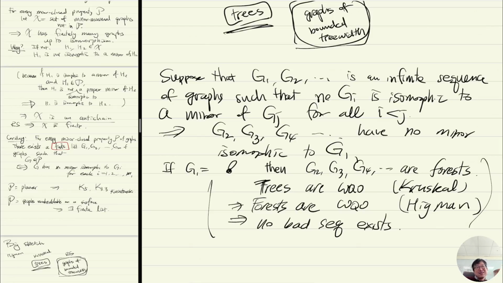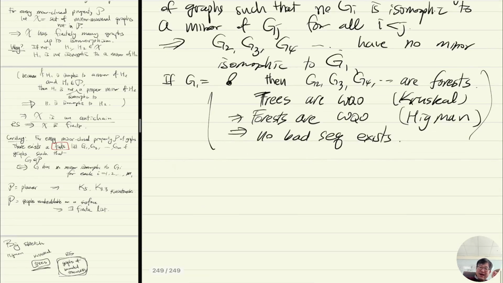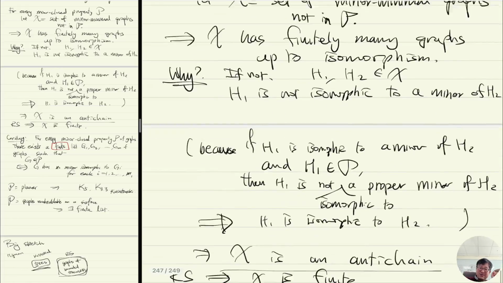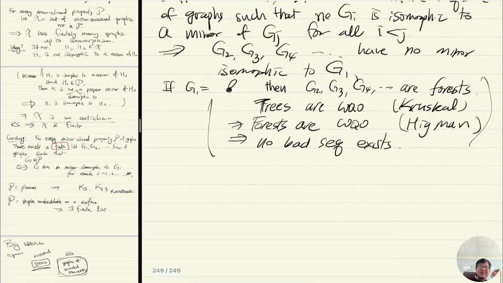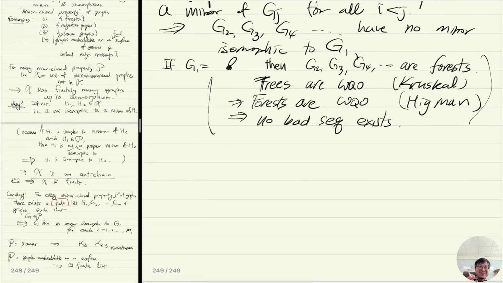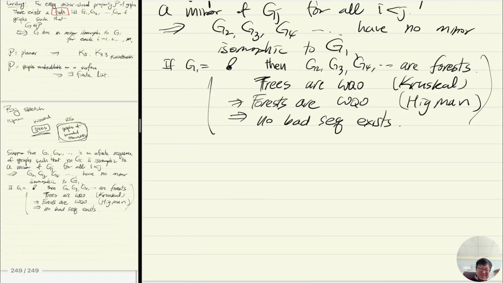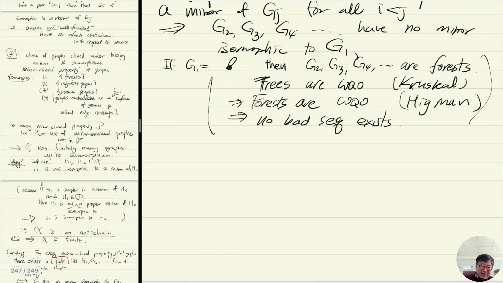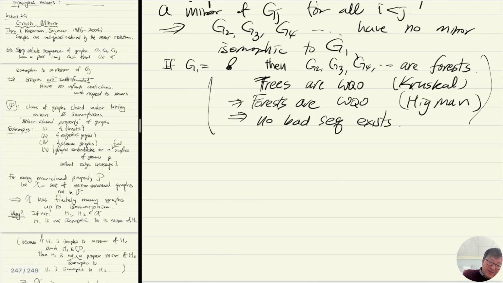So depending on the first graph, we can do something. Are you with me? I'm trying to show you the sketch of the proof for graph minors.